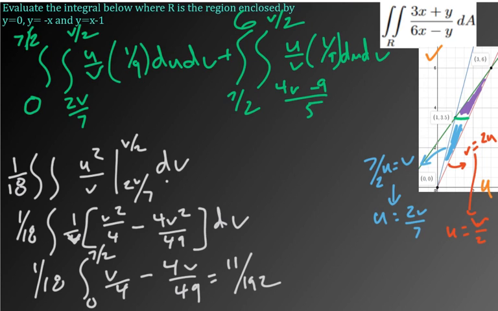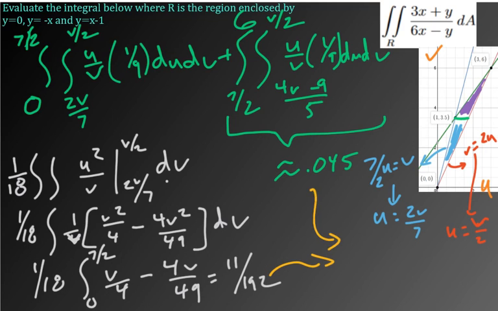If you do this one out, you get something that's about 0.045. And then just add those two together, and your final answer is about 0.10229, something like that.